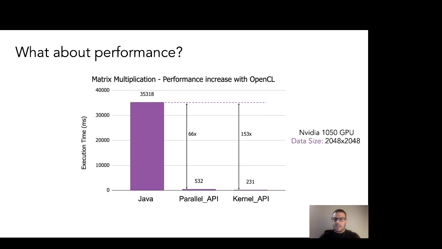In this case, as data size, I used 2048 elements for the matrix per dimension, for 2 dimensions. And we see that the actual execution time of the code has been reduced from 35 seconds to 231 milliseconds. So in a sense, it results in a 153x performance improvement.